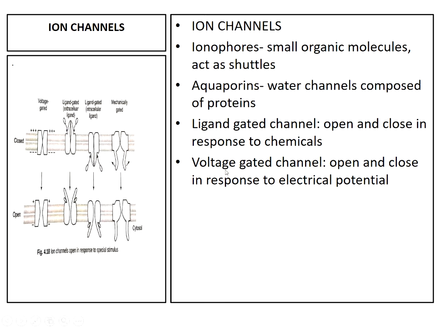Second one is the voltage gated channel. In this, channels open and close in response to the electrical potential across the membrane. In the voltage gated channel, you may observe the electrical charges, positive and negative. Based on this, the channels are going to open or close.